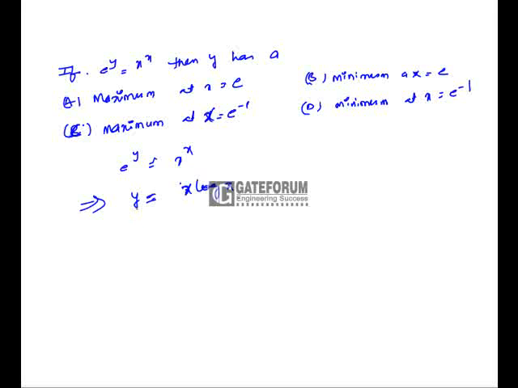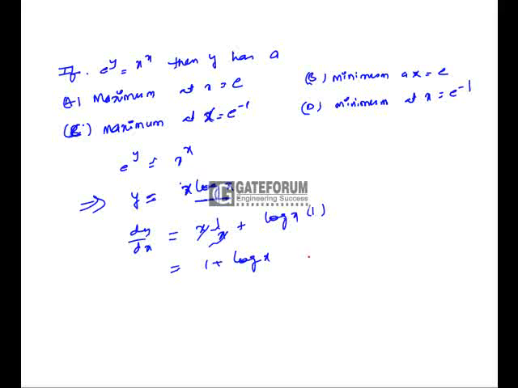So dy by dx is equal to first function into derivative of second function, that is derivative of log x is 1 by x, plus second function log x into derivative of first function, which is 1. So this is nothing but 1 plus log x. So this is f dash x.